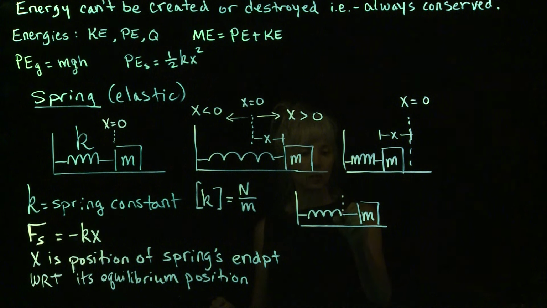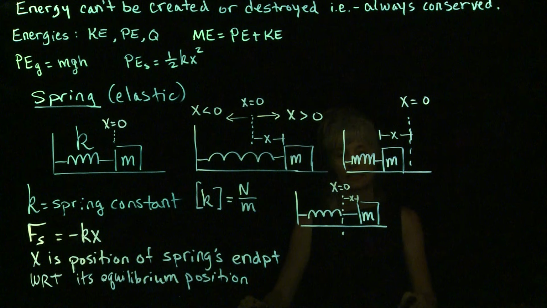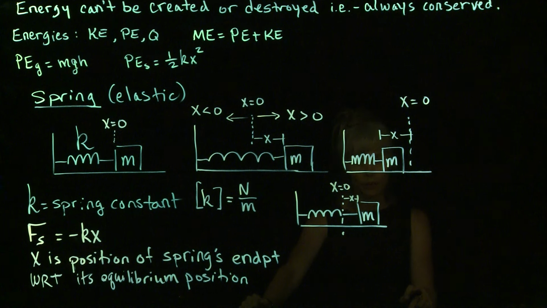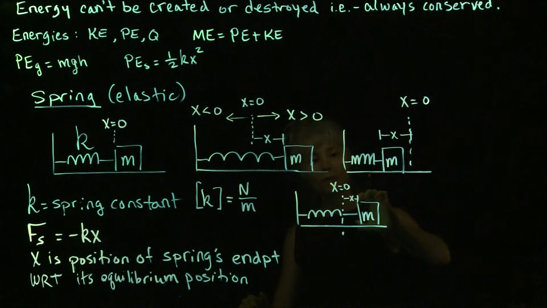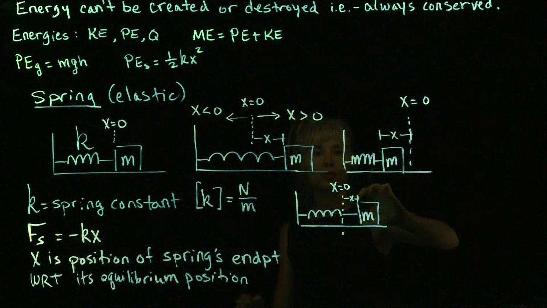Let's say this was the equilibrium length of the spring, x equals 0. He will displace it some known distance x from its equilibrium length. He has a force meter that he has attached to the mass, so he knows how much force is necessary to hold this mass, stretching the spring a distance x from its equilibrium position.